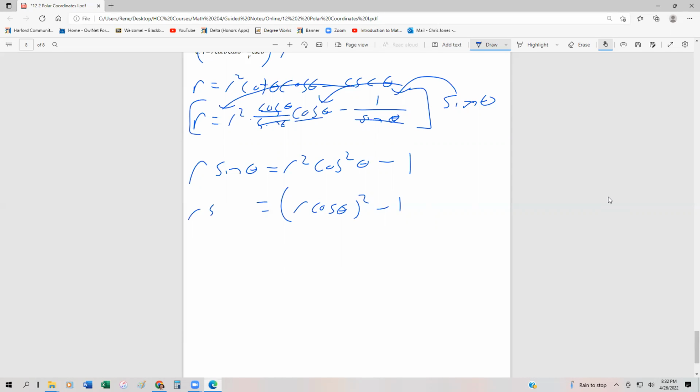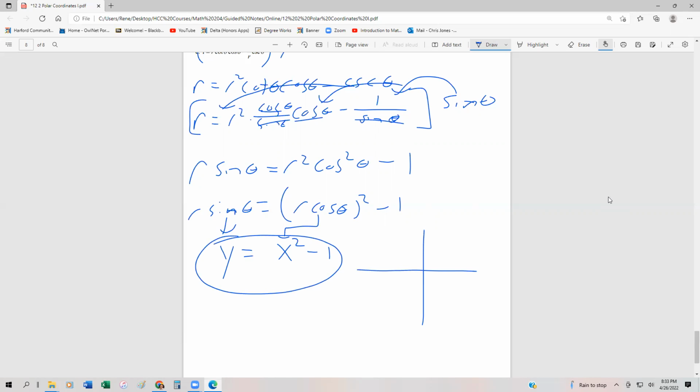So we have r sine theta equals (r cos theta) squared minus 1. Using our basic identities, r sine theta is y, and r cos theta is x, squared, minus 1. This is just a parabola that's shifted down 1 unit. So this is what our graph looks like.